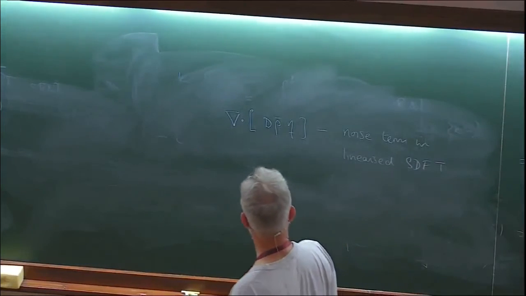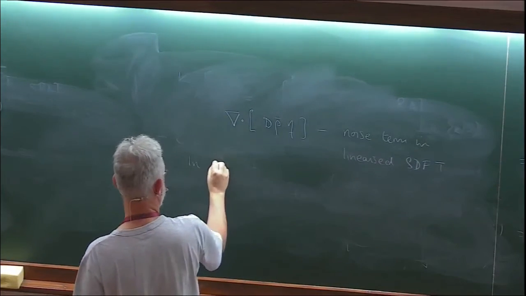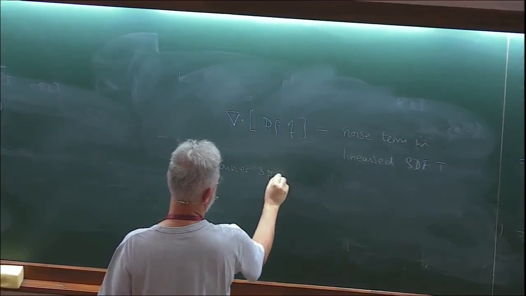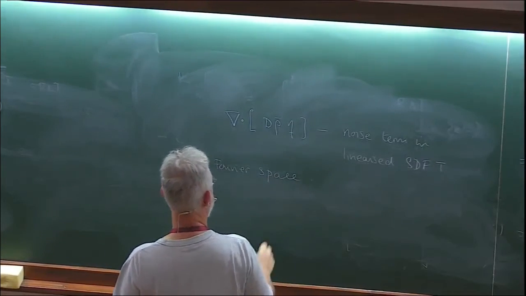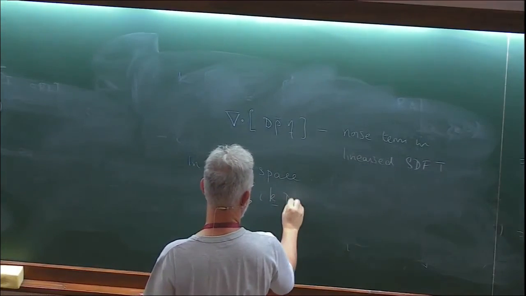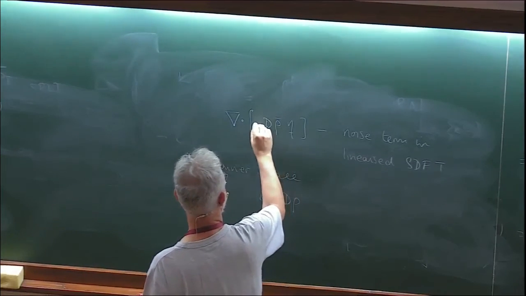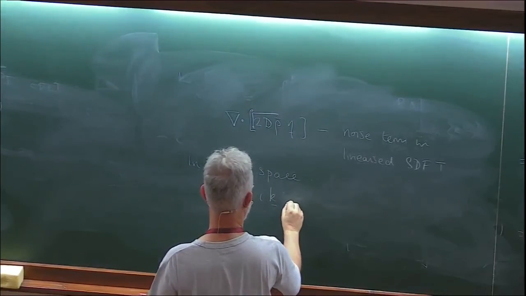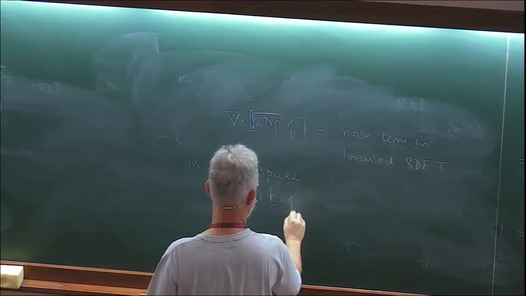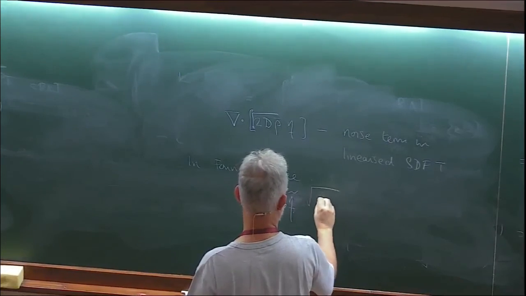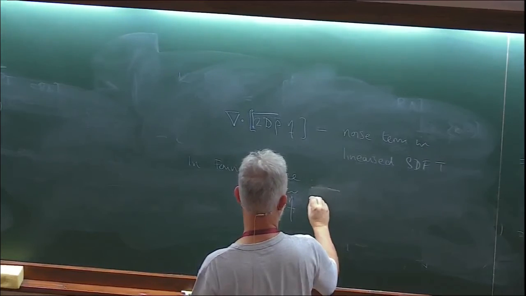In Fourier space, this is going to become ik d rho bar. Sorry, it's the square root of 2 d rho bar. So it becomes ik scalar product with eta tilde, square root of 2d rho bar.